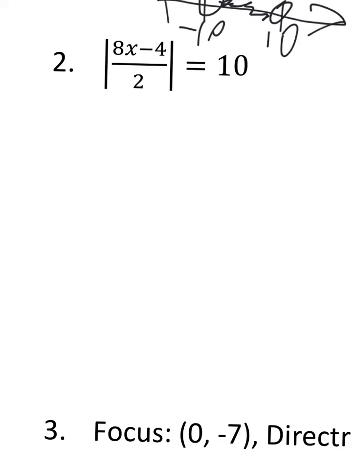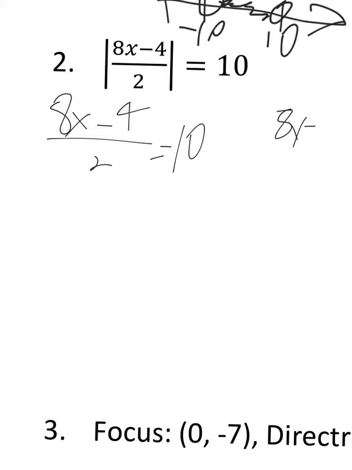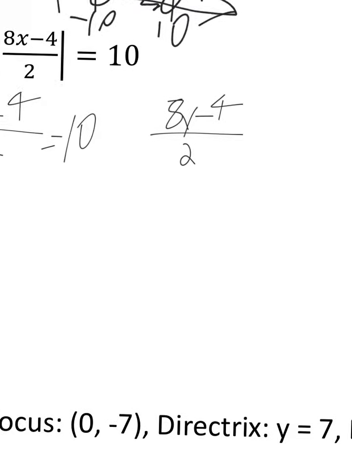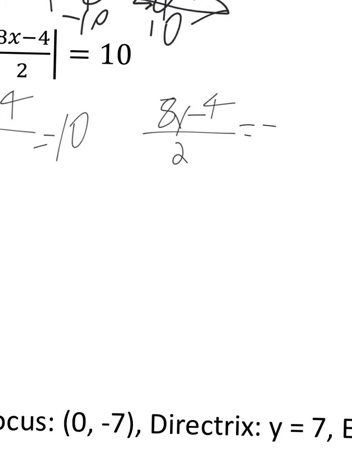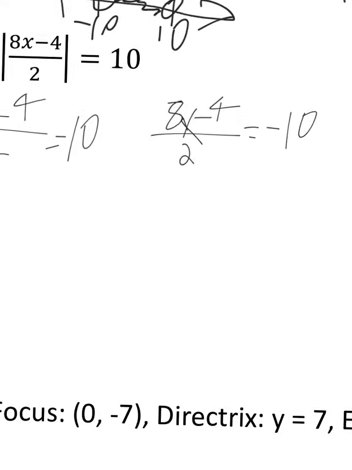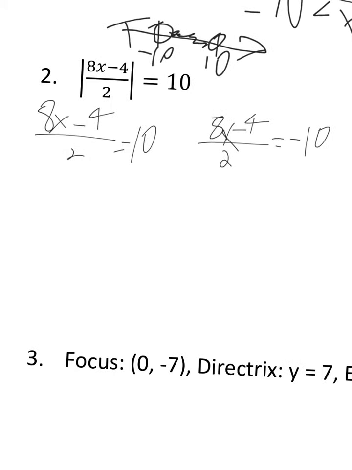So I see that I have it down to the absolute value bar, so I'm going to say (8x minus 4)/2 equals 10, and then (8x minus 4)/2 equals negative 10. And you make your two equations.